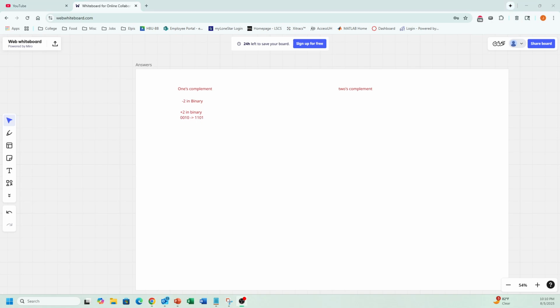Now, when we talk about 2's complement, it is 1's complement plus 1 added to it. So let's say that I want to take negative 5 in binary. To do that, first I put positive 5, so it's going to be 0, 1, 0, 1. Then I take the 1's complement of that, so 1, 0, 1, 0.